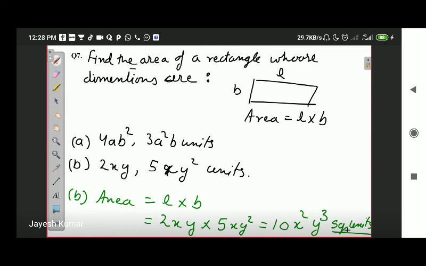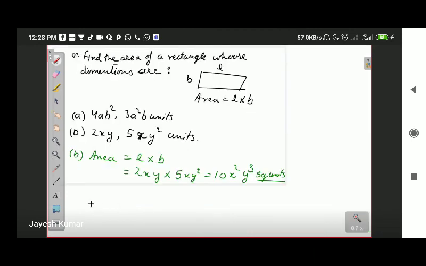Why square units? Suppose I ask you the area of a square whose side is 4 centimeter. You will write 4 into 4 is equal to 16 centimeter square. This is the unit of area: square centimeter, square meter, square kilometer.